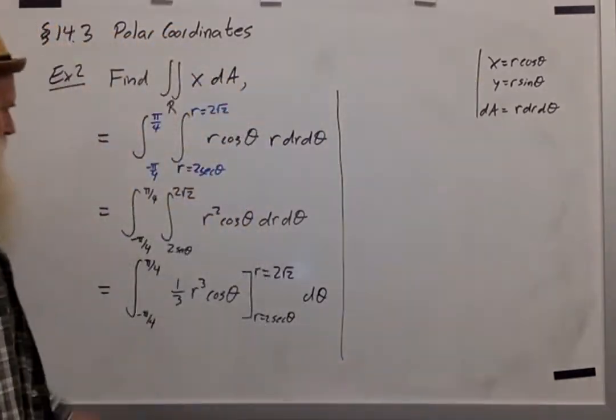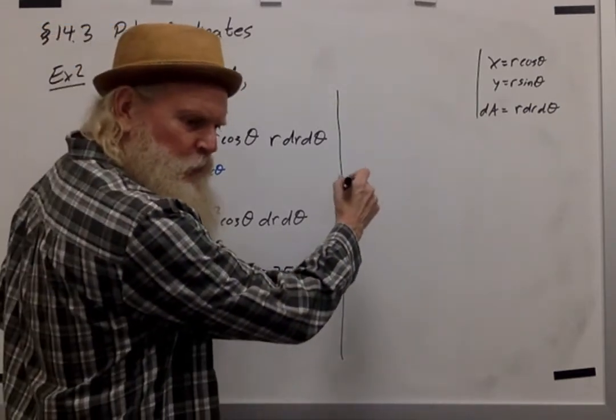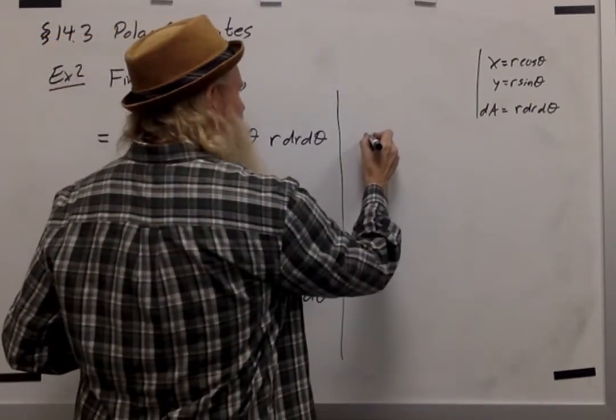Let's plug in the two bounds and subtract. The 1/3, I can factor out in front.